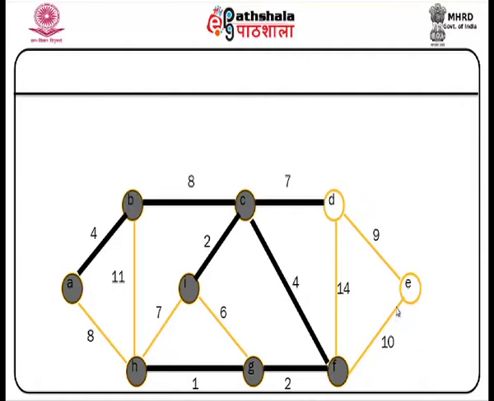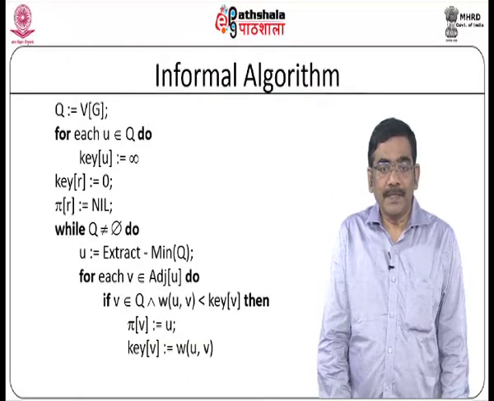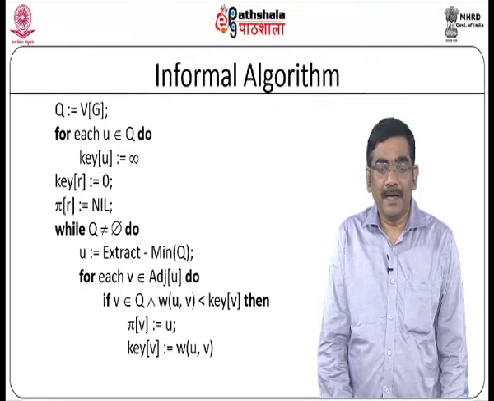So, it is going to be 7, then 9. You can see that this is a spanning tree that I am getting. All the nodes are present, and this is the lowest cost spanning tree. So, this is the informal algorithm.